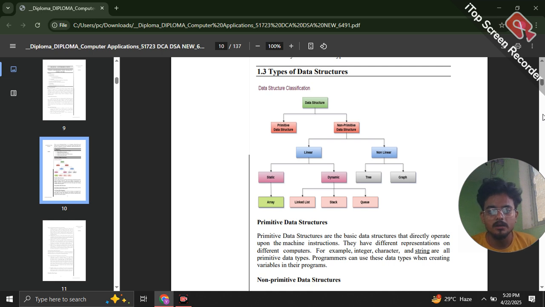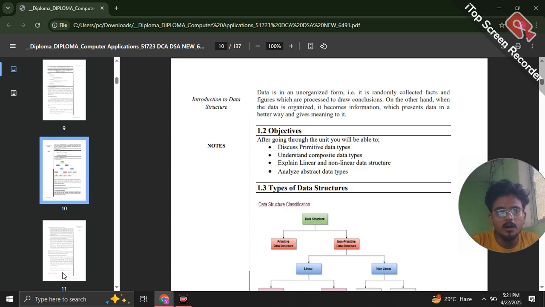Variables are those things which define the data, that is, which type of data will be stored. This is called a variable container, for example, something in which data is stored. So variables do the work of a container. You just have to keep in your mind that variables are used as a container, okay, which stores data.